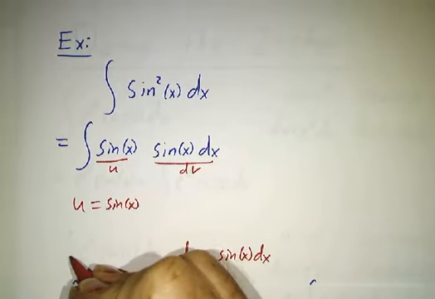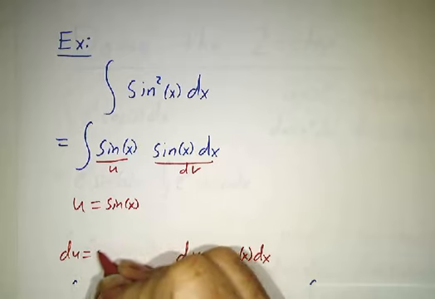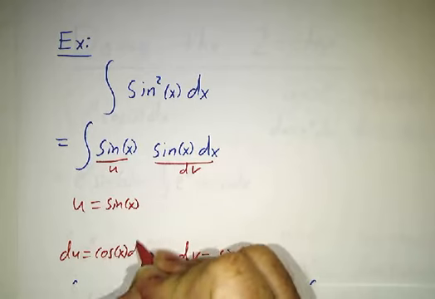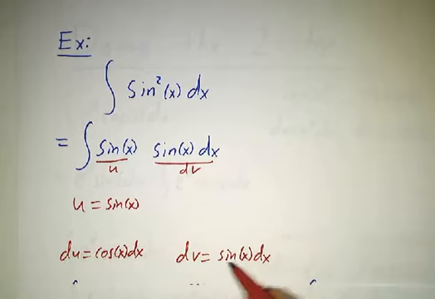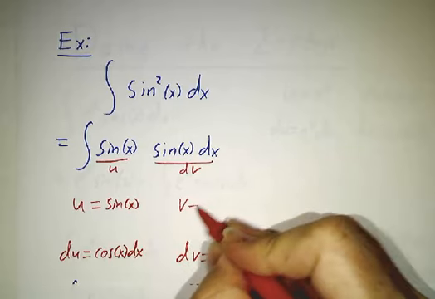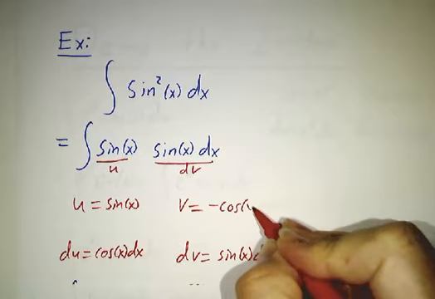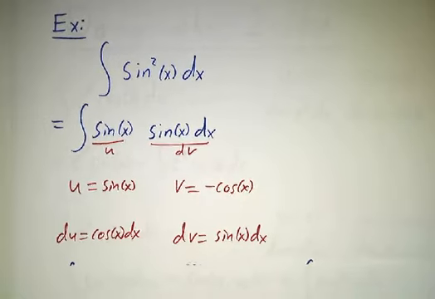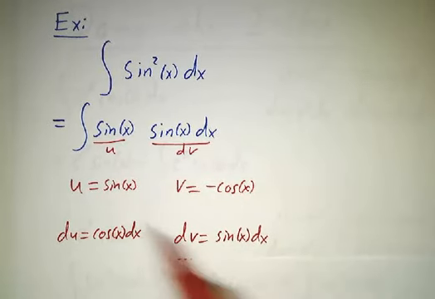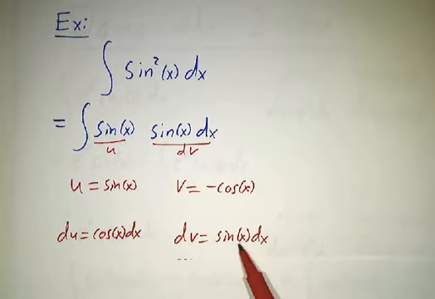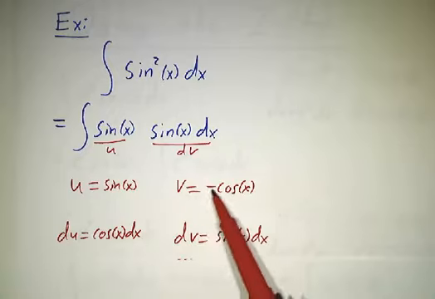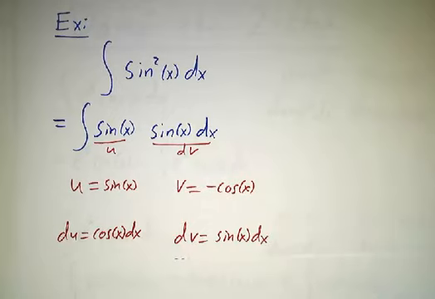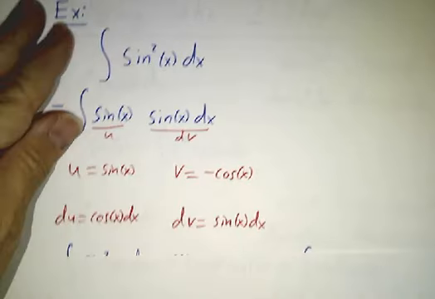Then du is cos x dx, and v, the integral of dv, is negative cosine of x. So, which is simpler? u dv, which is sine squared of x dx, or v du, which is minus cosine squared of x dx? The answer is, it's no simpler.